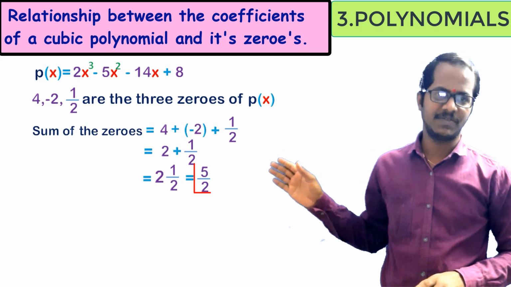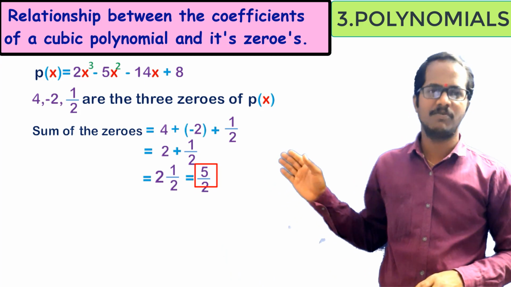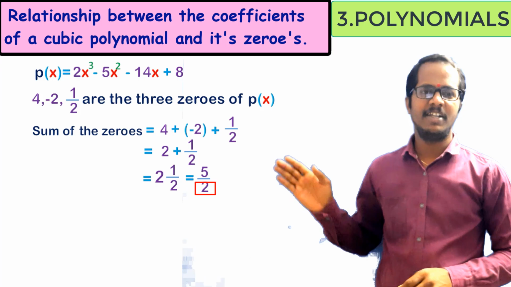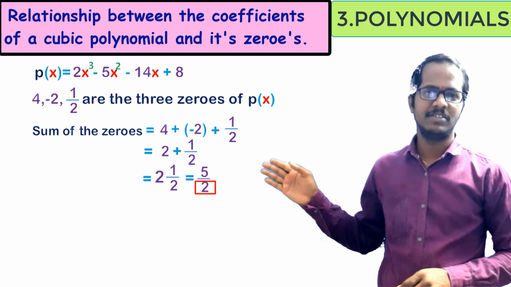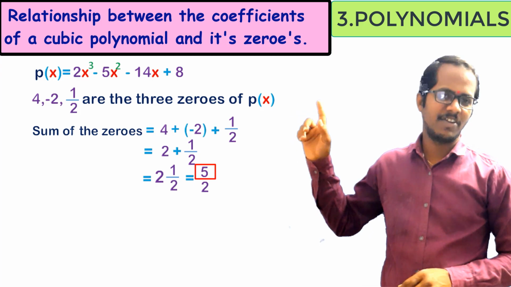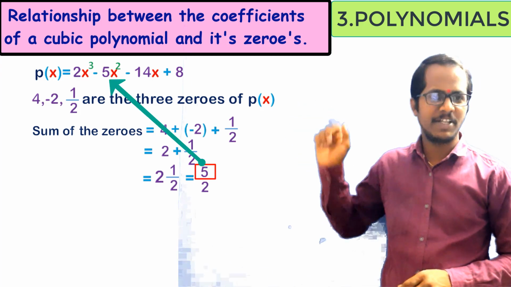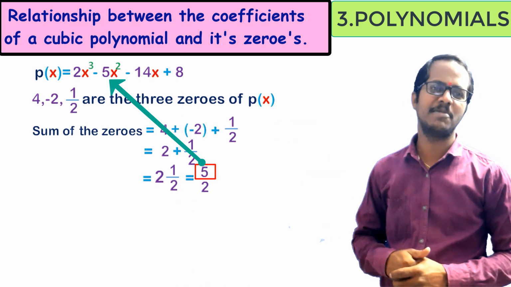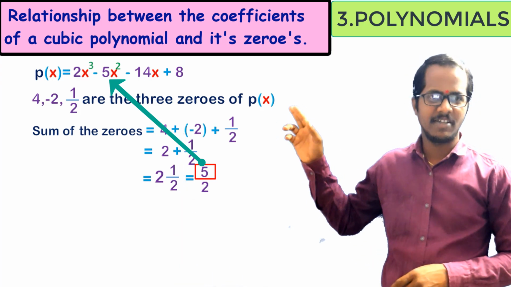And if we observe this fraction, in the numerator we have 5 and in the denominator we have 2. This 5 is related to the x square coefficient in the given cubic polynomial. So what is the x square coefficient in the given cubic polynomial? It is minus 5.